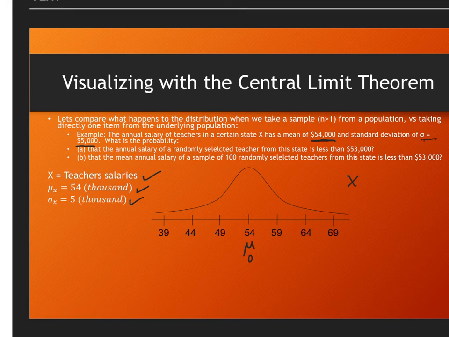And then we go one standard deviation to the right. So 1 to the right, 2 to the right, 3 to the right. As I do that, we're looking at the corresponding Z values for these. 59 is 1 standard deviation to the right, so that is a Z score of 1. And if we subtract 5, we get 49. That's -1 standard deviations.